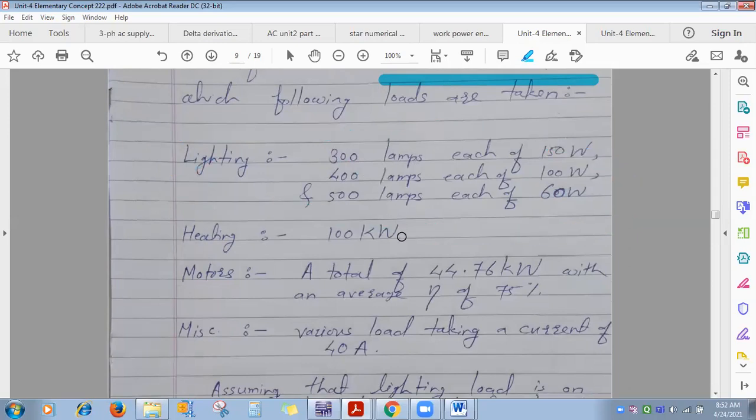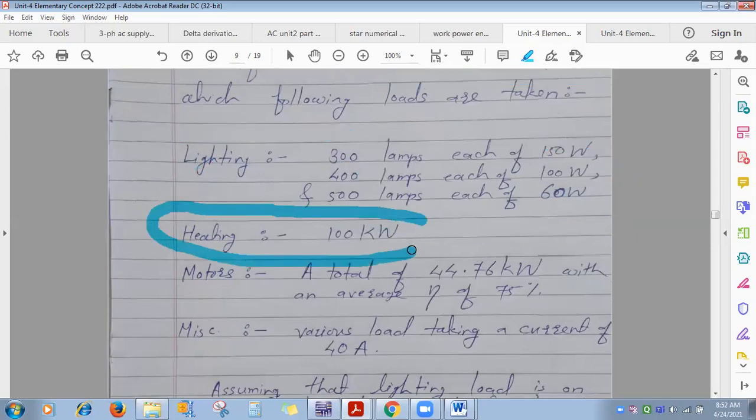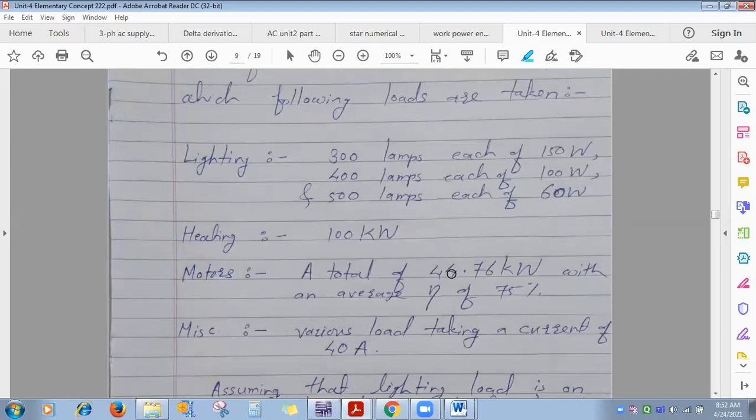Then the heating load, its power rating is given: heater, 100 kilowatt. Motor is also given. Whenever a motor power rating is given, can you tell me, will you consider it as its output or input? Suppose I say the motor is of 1 HP or 1 kilowatt, or this 44.76 kilowatt.